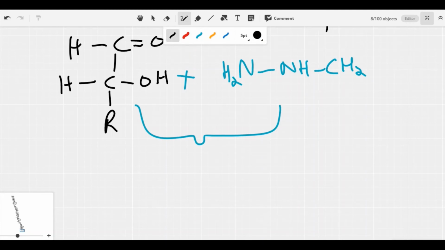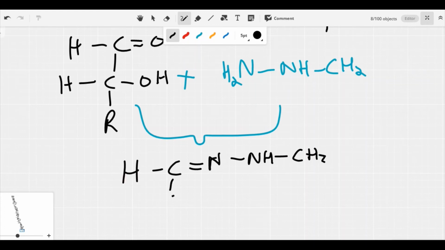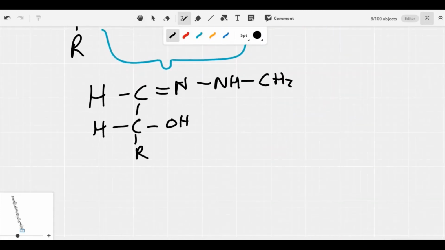First the intermediate is formed, that is known as glucose phenylhydrazone.